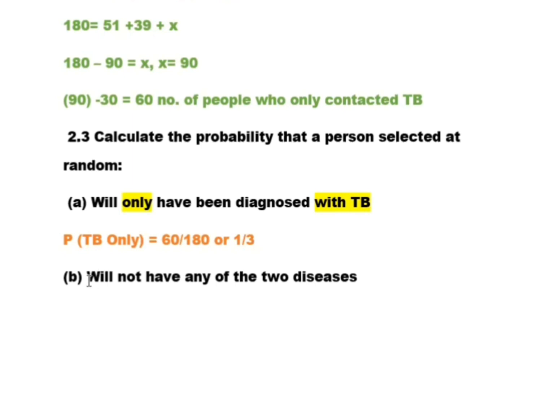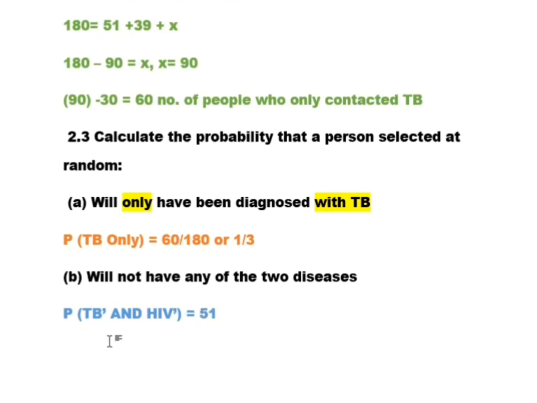So what's the probability that a person will have neither one of the viruses? It's equal to 51 out of 180, right?